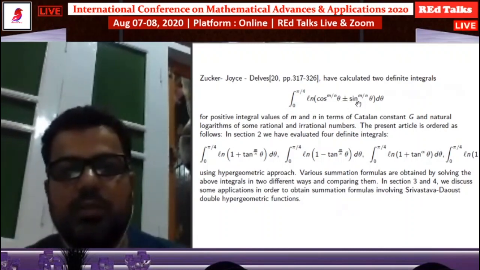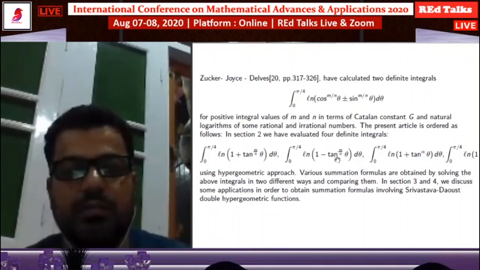That is this integral, log of cos raised to power m by n theta plus minus 1 plus minus sine of m by n d theta. It is a different integral, and our four main integrals are these, which are to some extent different from this one.